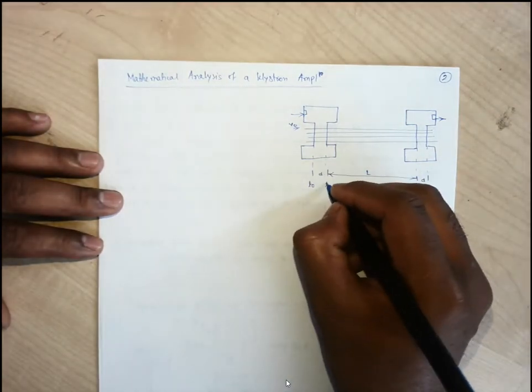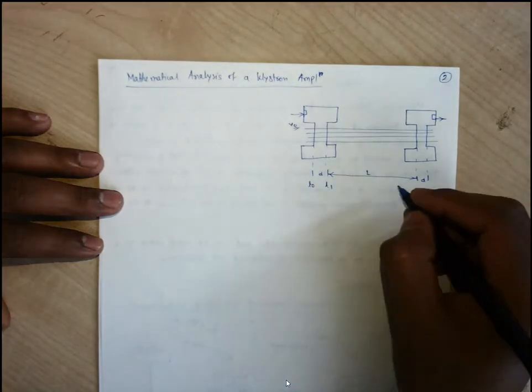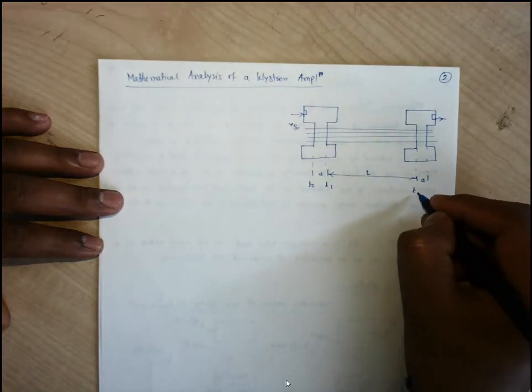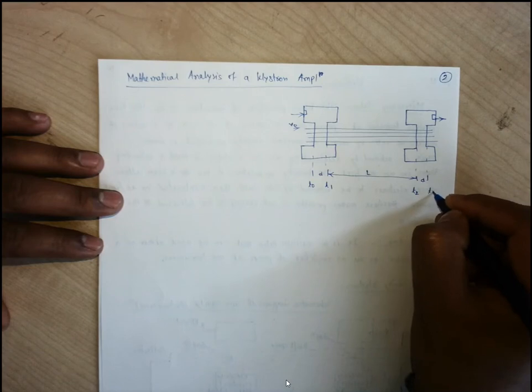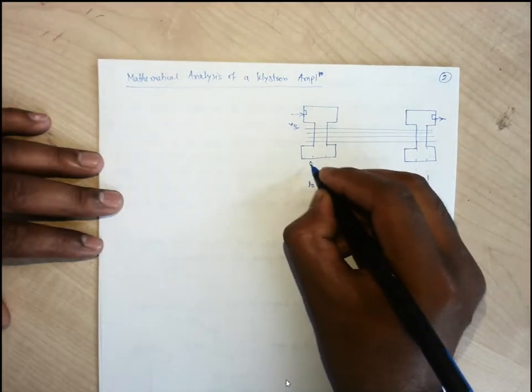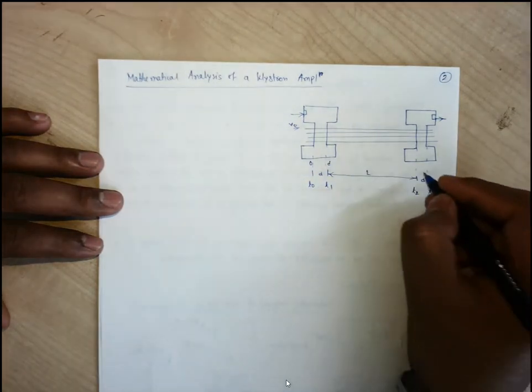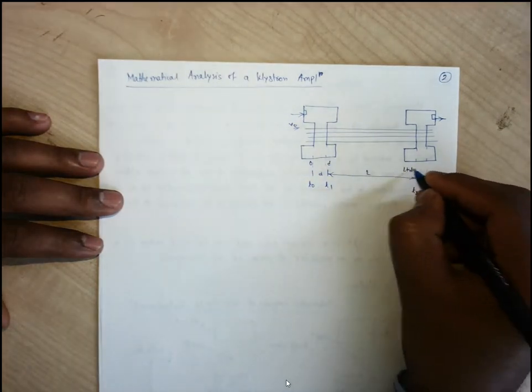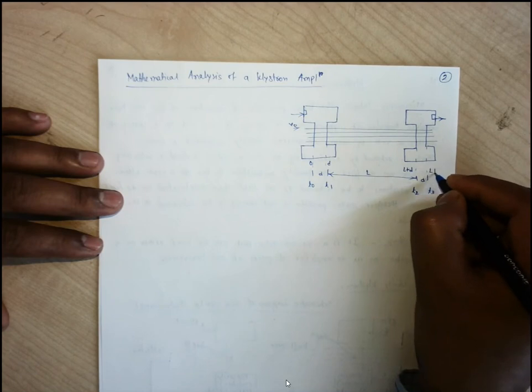When it comes out of gap 1, it is t1. When it enters gap B, it is t2. When it comes out, it is t3. If we consider this as position 0, this is position d. So this part will be L plus d and this one will be L plus 2d.